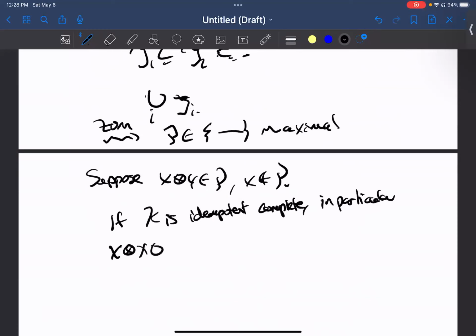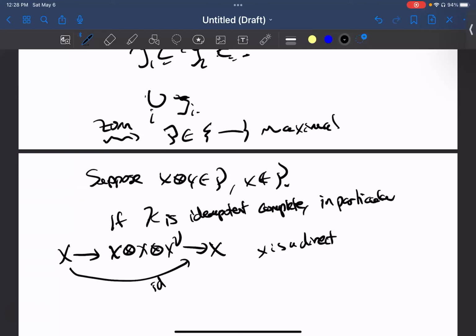So X tensor X dual. We have this splitting from the fact that K is rigid. So this is the identity. So that means that X is a direct summand of X tensor X dual.